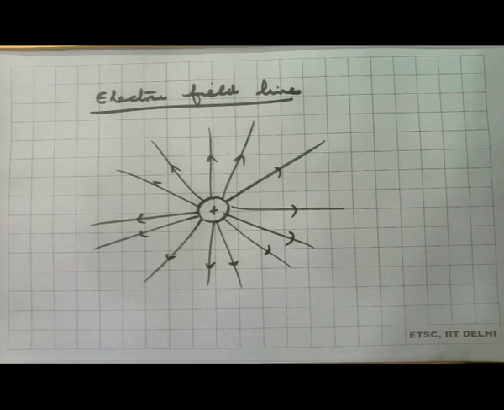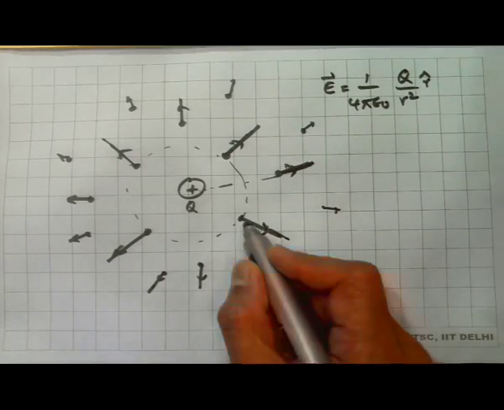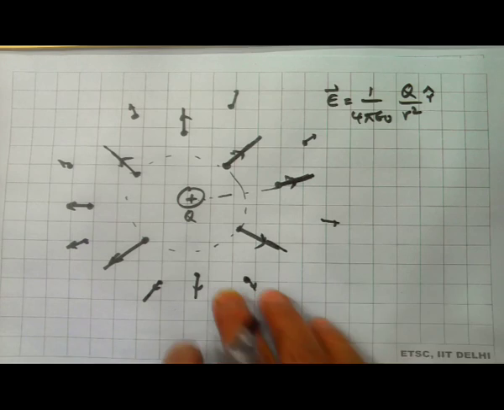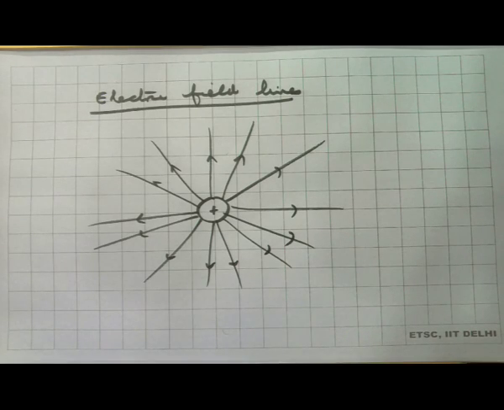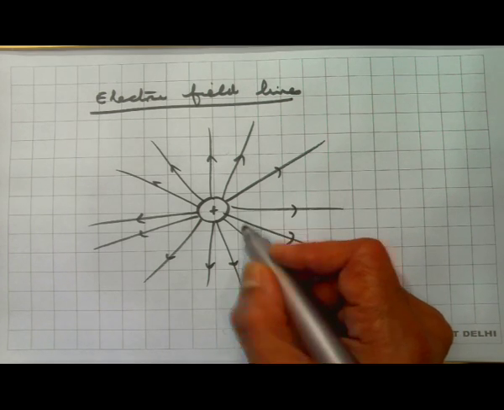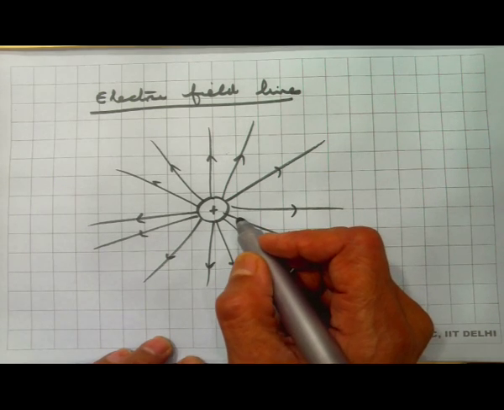When I draw continuous lines, I have left over the magnitude of the electric field, because in the previous figure the magnitudes were contained in the length of these vectors. Here I have actually joined all the points and I have lost track of that, but I have another point, and that is the closer the lines are, the stronger the electric field is.